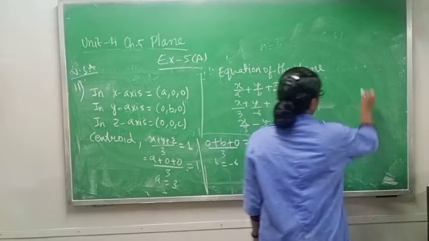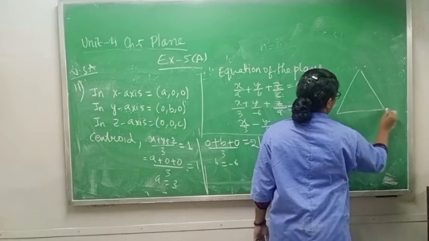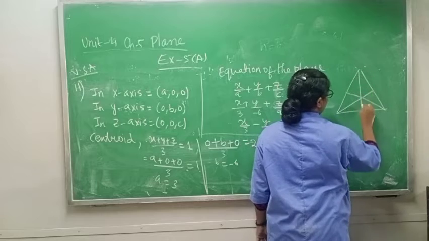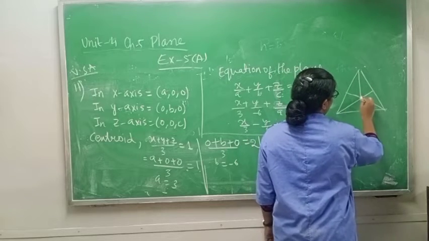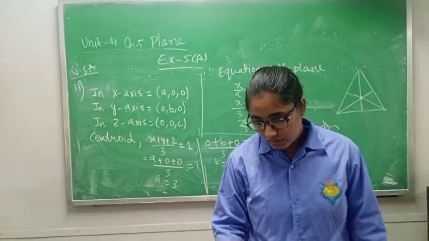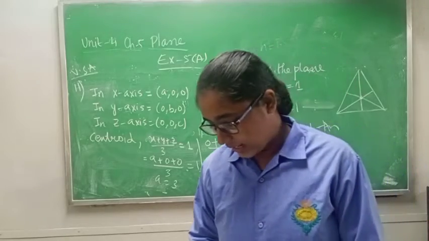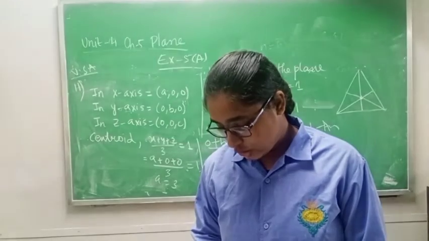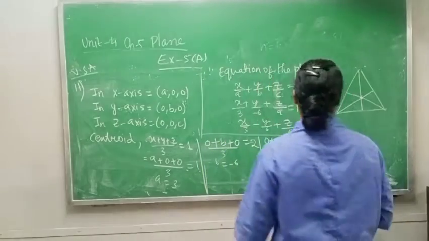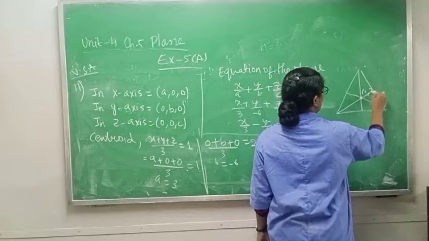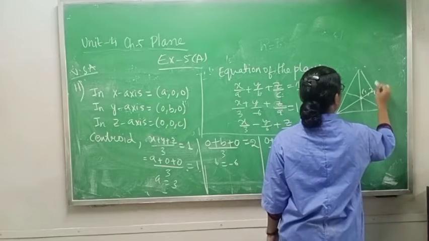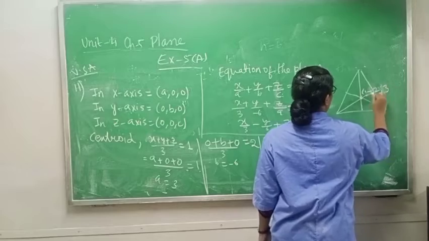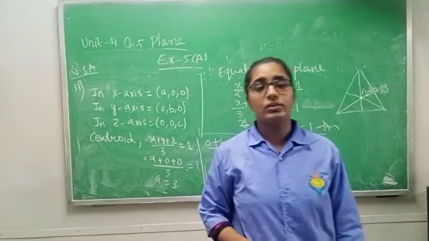You have done this already, but I am telling you, there is one triangle and this one is your centroid. Now we have to find the equation of the plane.